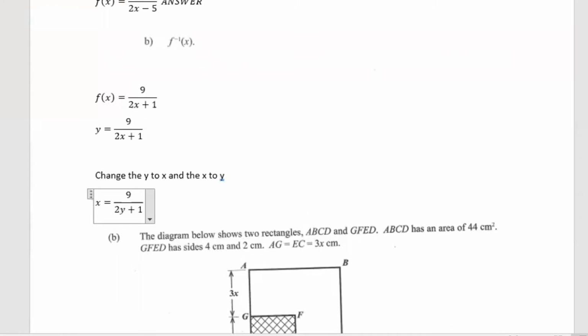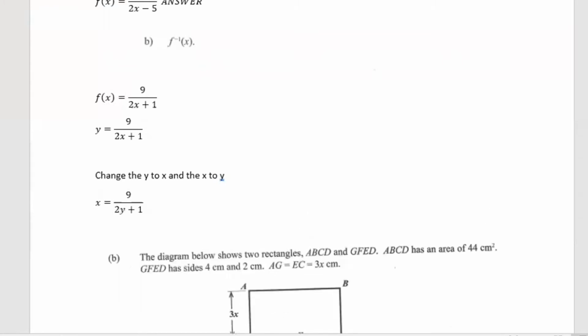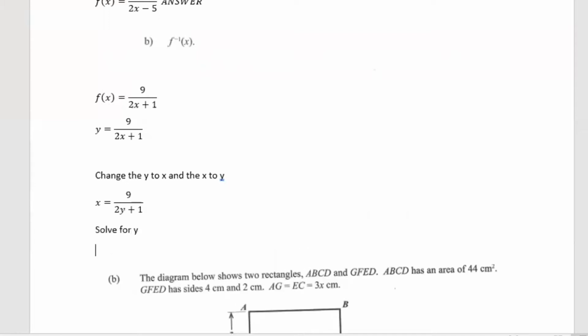And now what we go ahead and do is now solve for y. So we're making y the subject of the formula. So what that will look like is we'll now have 2y plus 1 being removed from the denominator to the left-hand side of the equation.